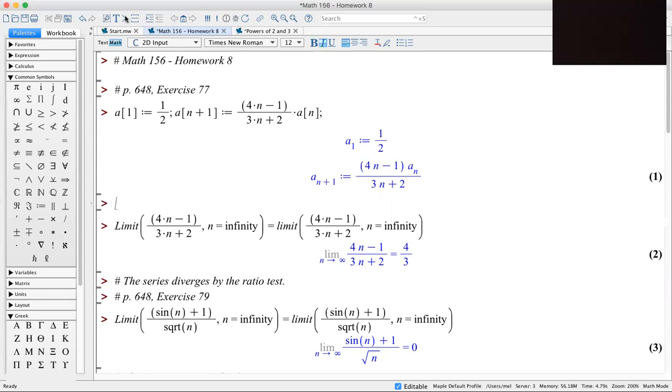So the question is, does the infinite series, that's the series, converge? And it's not an alternating series.